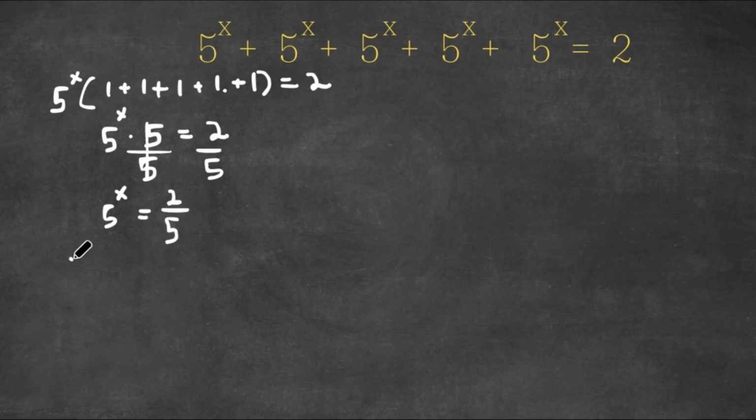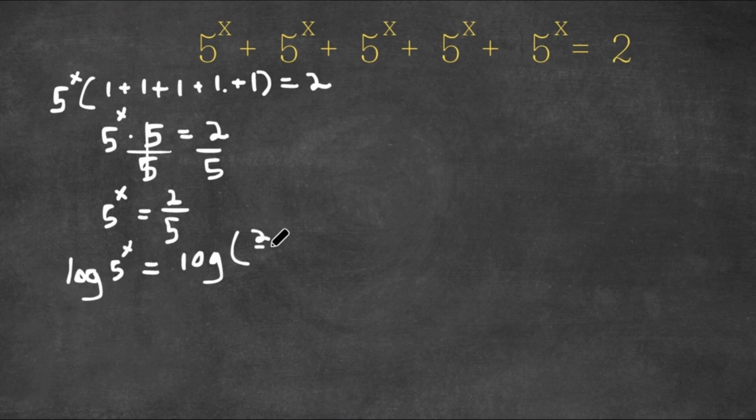Now I'm actually going to take the log of both sides. So we get log of 5 to the power of x is equal to log of 2 over 5.